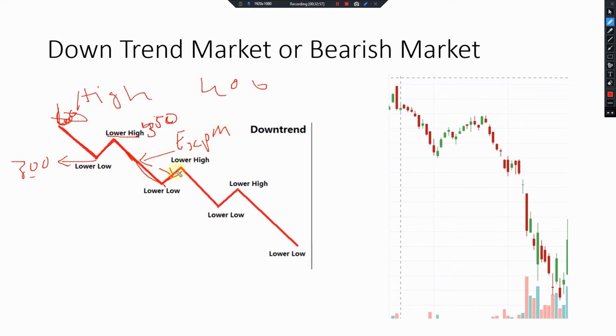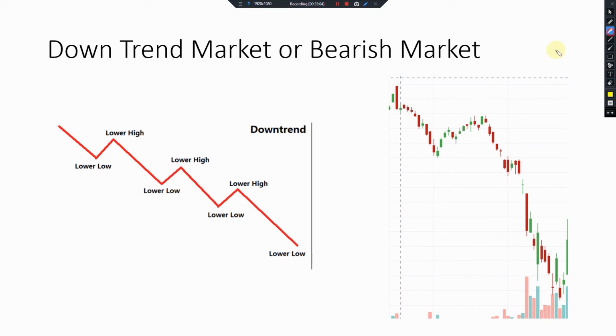So it made a lower low and a lower high. Again it came low, because this low maybe 200, and this was 300, this was 400, the high. It came down, came down, came down. So it gave a move like this.